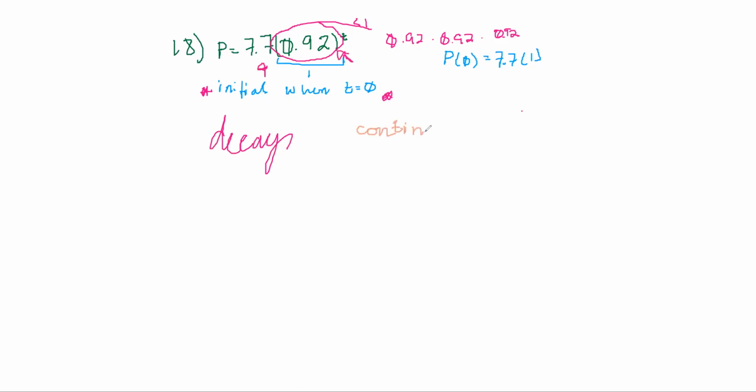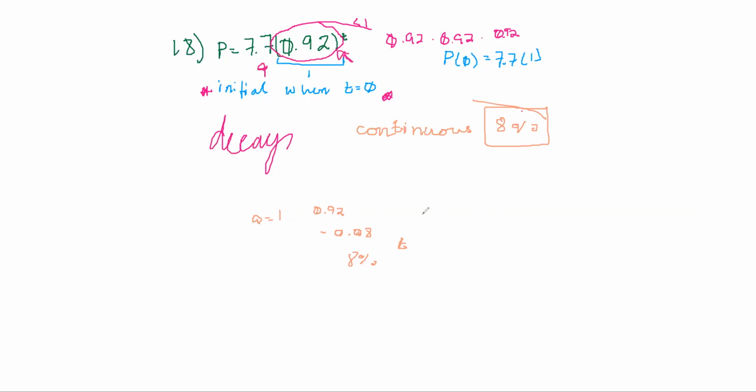Yep. If this A value here was 1, then it just would never change. Because it is 0.92, we're losing 0.08 or 8% every time t increases.